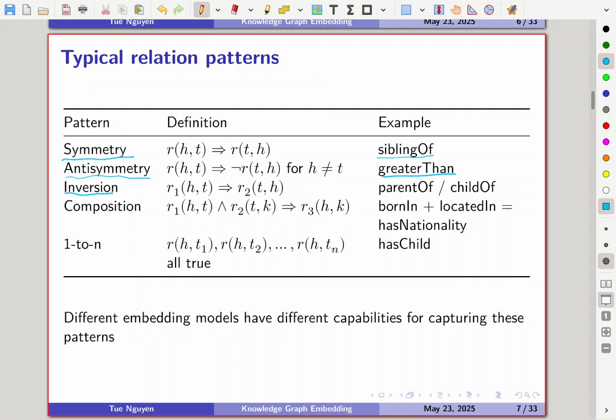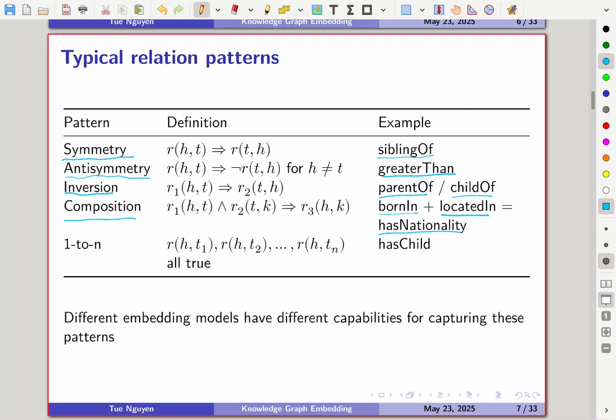The third one is inversion. For example, the parent of and child of relationships. If head is a parent of tail, then tail is a child of head. The fourth one is composition of relations. So here I have three relations: born in, located in, and has nationality.